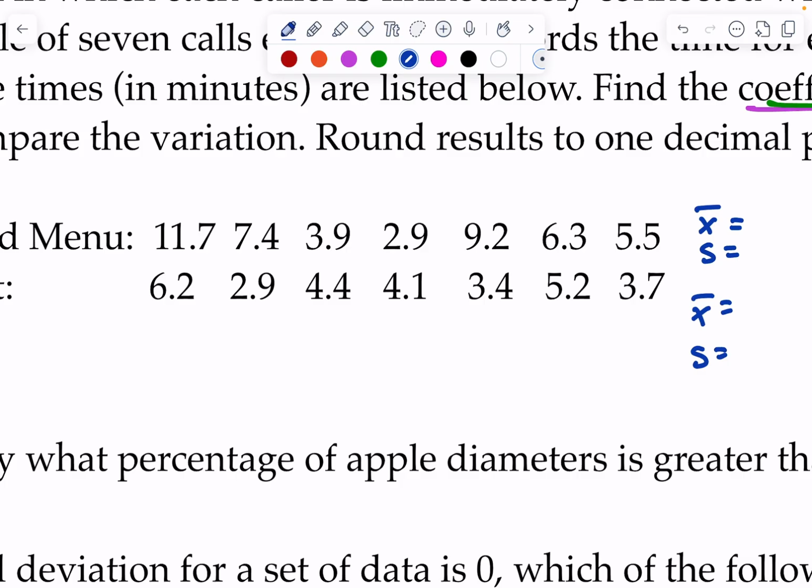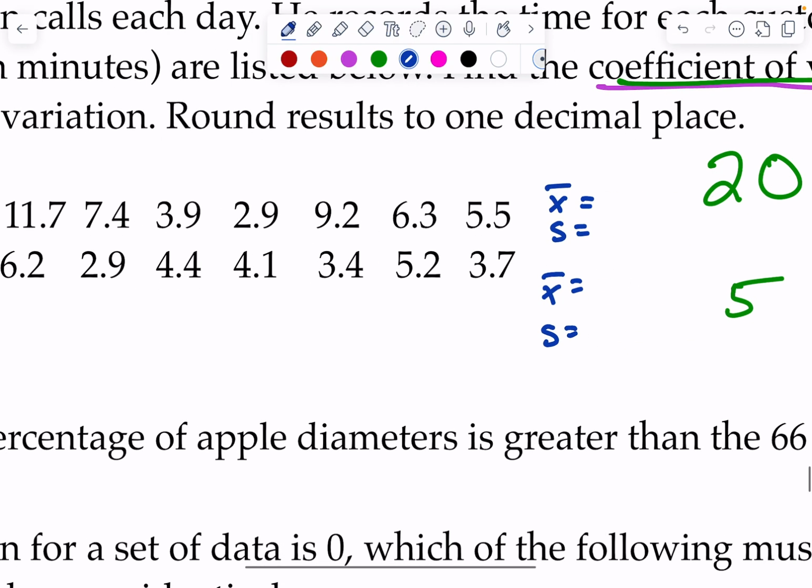Yep. Okay. Stat, calc, one variable stats. 6.7 is my average, and 3.04 is the standard deviation.